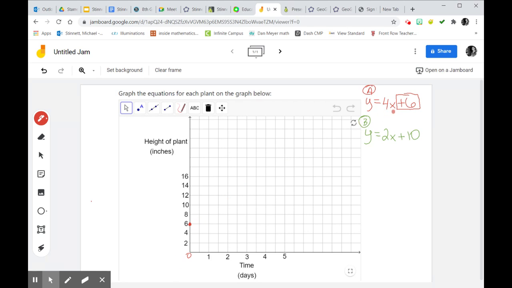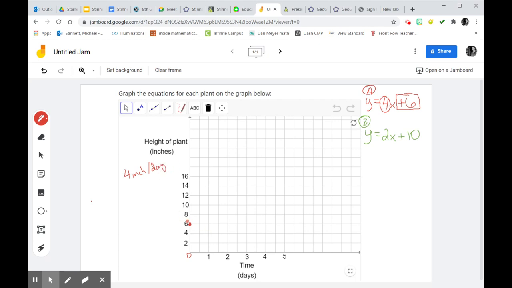Then we ask, what's happening to this plant? How much is it increasing by each day? It says right here, and I'm going to circle our rate of change. It's just the 4. So this 4 says that plant A increases 4 inches every day.